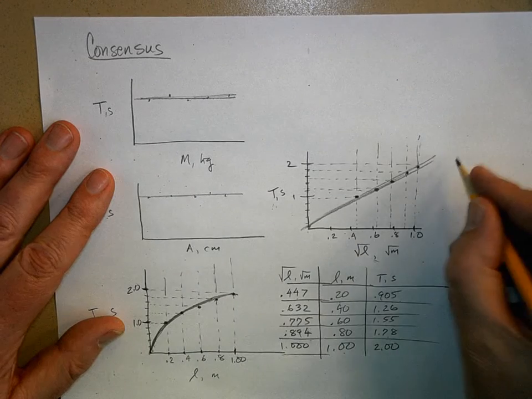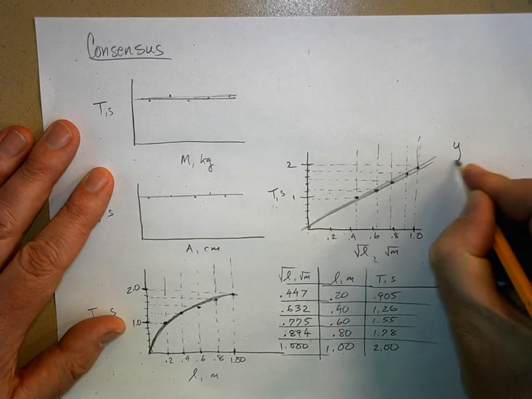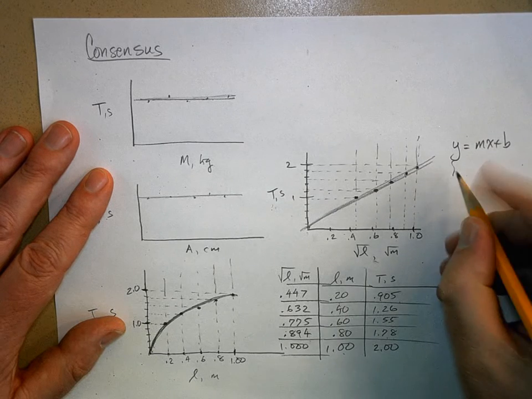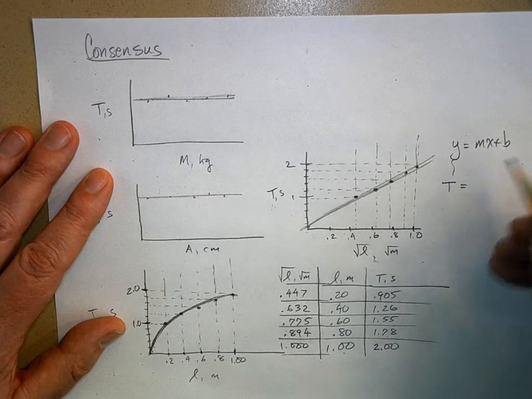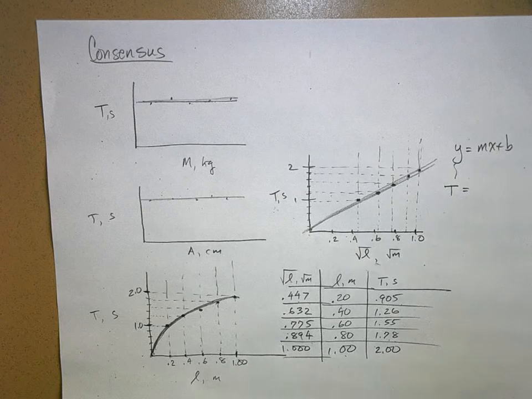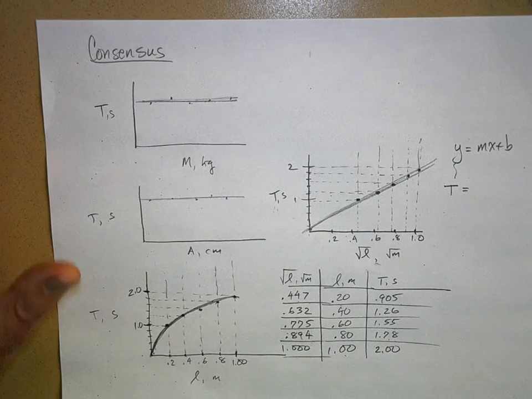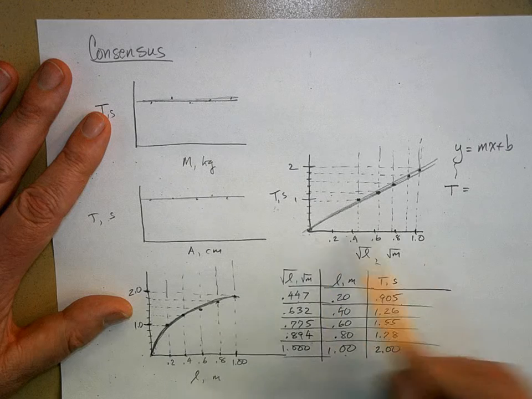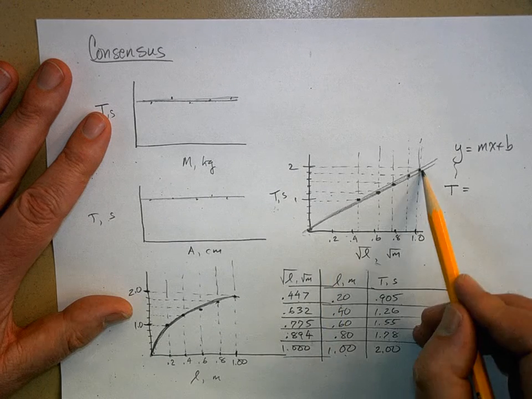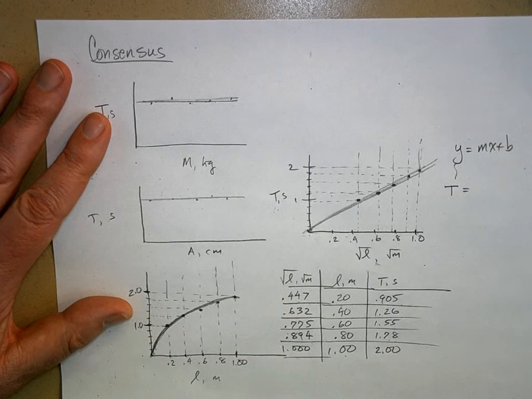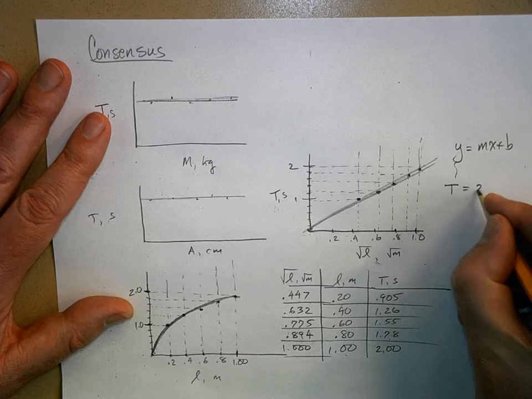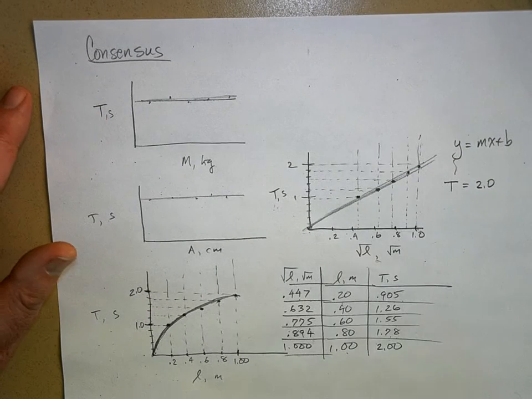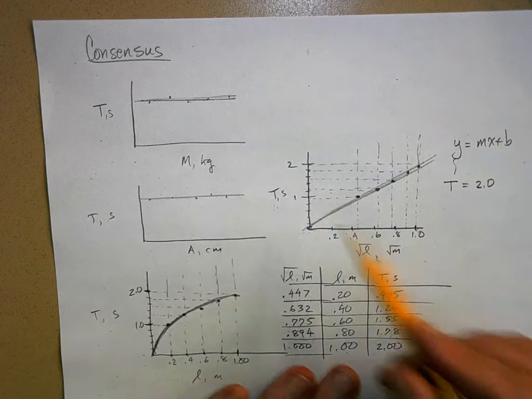So let's take a look at these data here. y equals mx plus b. Instead of y, this is the period equals. Now what's the slope of this line? We're really short on time because we have one more thing to do today. If you go over 1, you go up 2. So the slope is just 2.0. And what are the units for that slope?